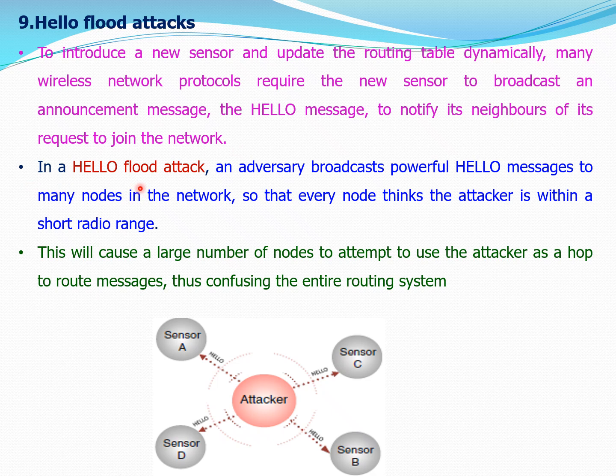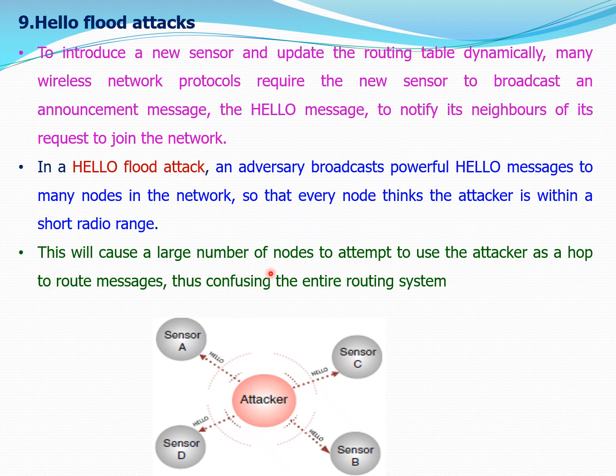In a hello flood attack, the adversary broadcasts powerful hello messages to many nodes in the network so that every node thinks that the attacker is within short radio range. To the other nodes, it appears that a new sensor node is coming into the network, but it is actually the attacker or the malicious node joining the network.